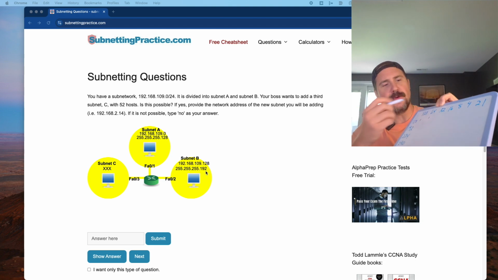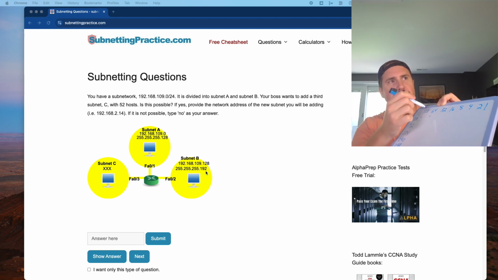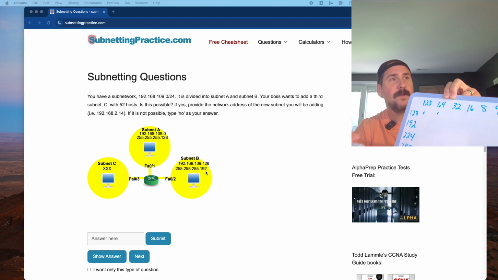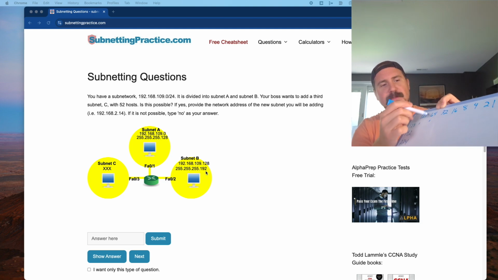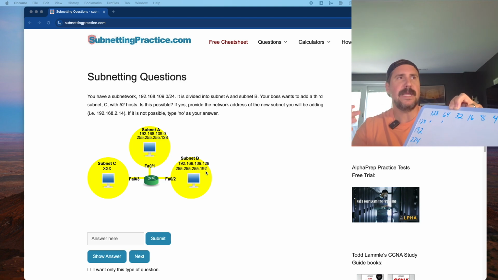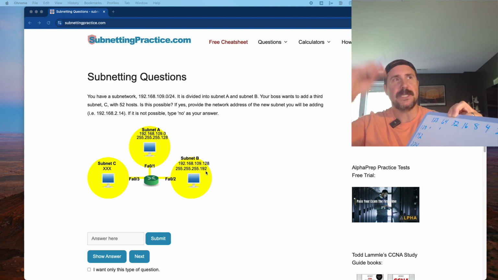And 192 I plot along the top here. And that 192, because 128 and 64 is 192, tells me the last thing that I plot, that's going to be our block size. So starting at 128 and going up 64 is the space that we have for this subnet.